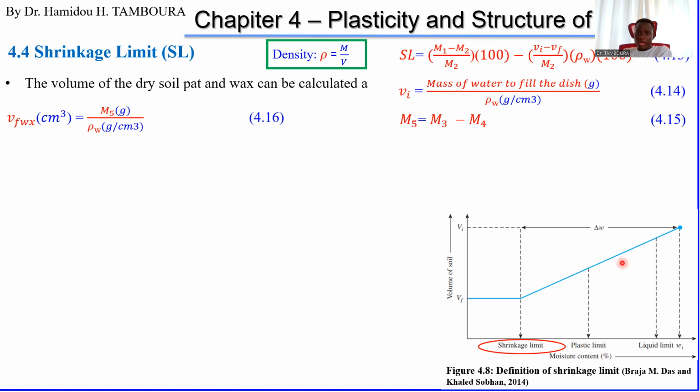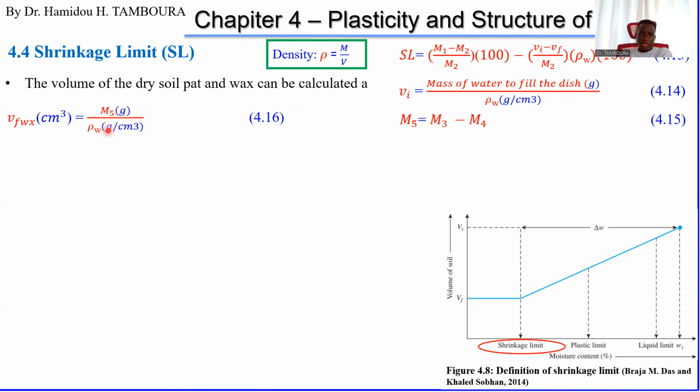So by taking this M5, the mass, divided by gamma, the density of water, because this mass is supposed to be not the mass of both, but the mass of the displaced water.